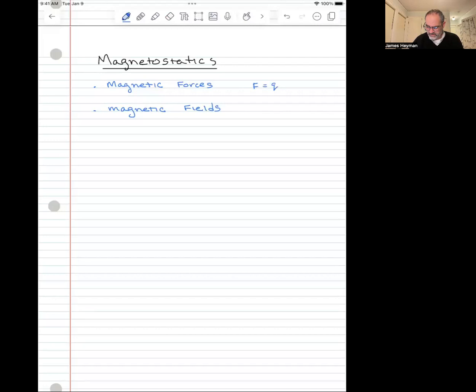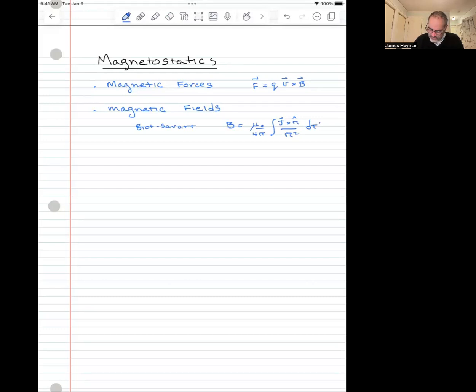For example, the force on a point charge, F equals Q V cross B. And more recently, we've talked about magnetic fields and introduced the Biot-Savart law, which lets us calculate the magnetic field produced by currents, as in this formula here.